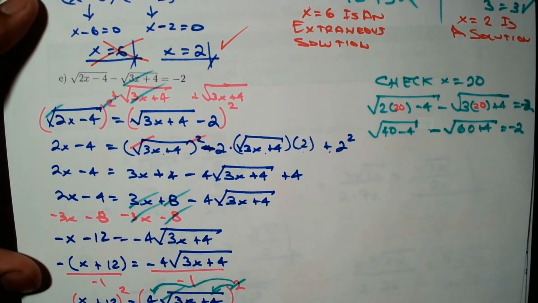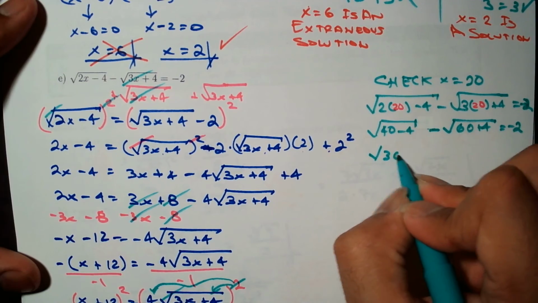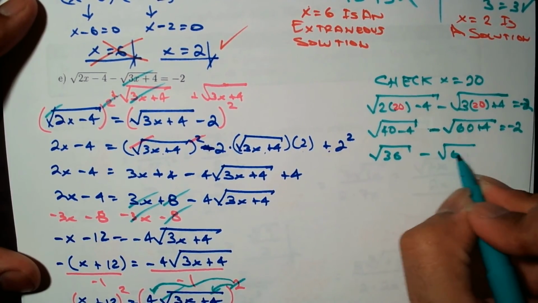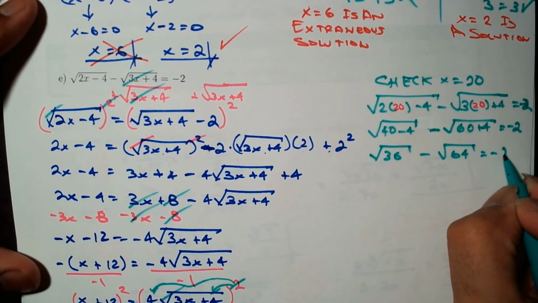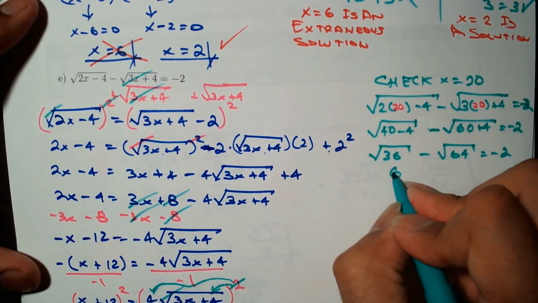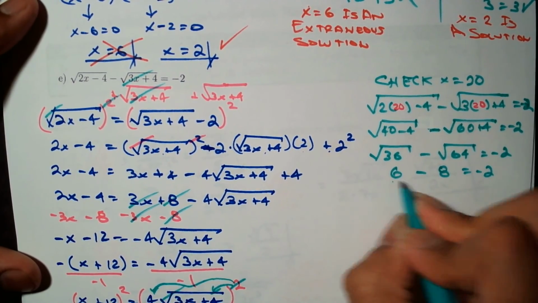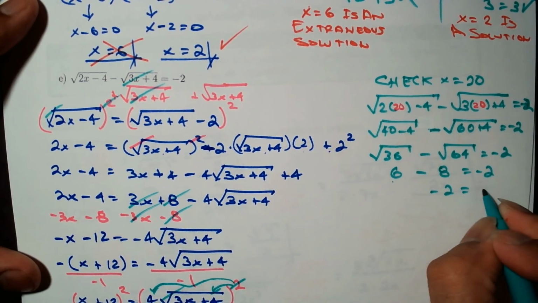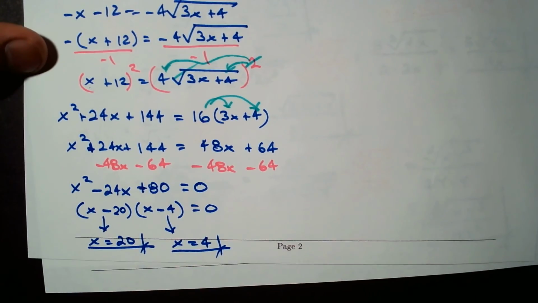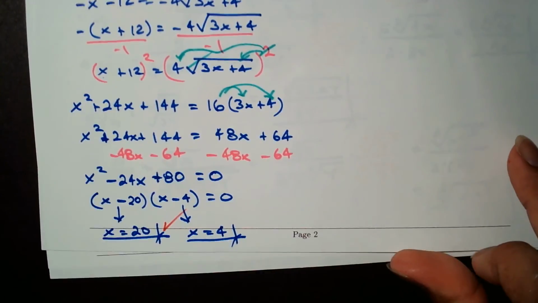So 40 minus 4 reduces to 36, which is a perfect square, and 60 plus 4 is 64, which is a perfect square. The square root of 36 is 6, minus the square root of 64, which is 8. And 6 minus 8 is negative 2. Indeed, x equals 20 is a legitimate solution to the equation.